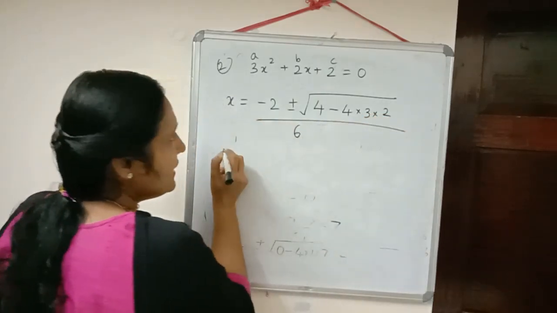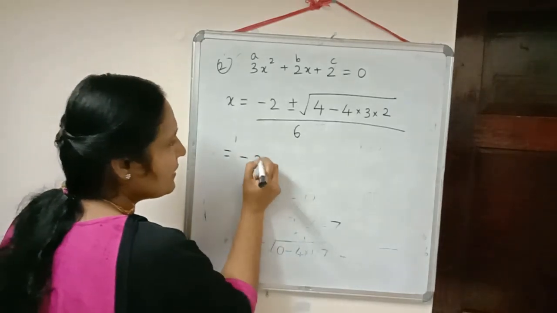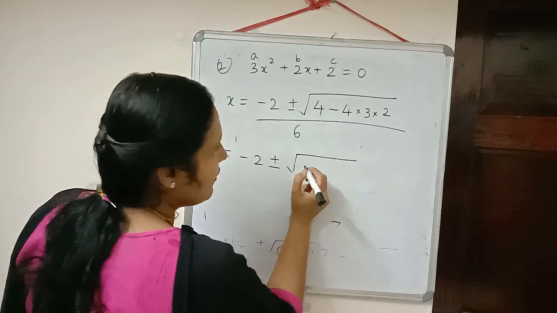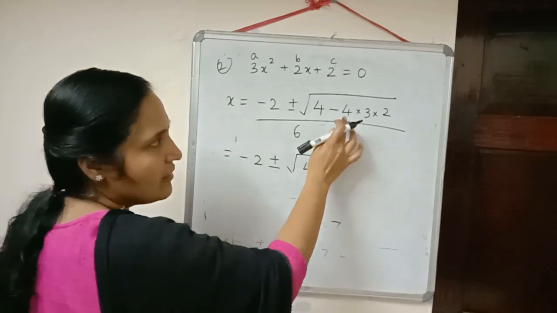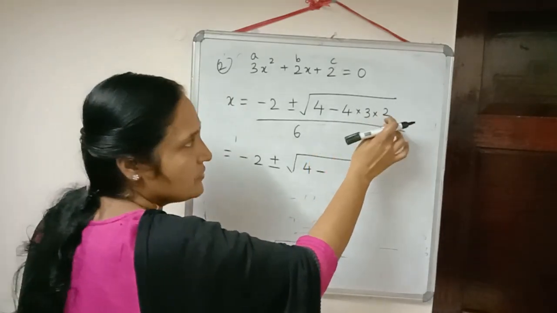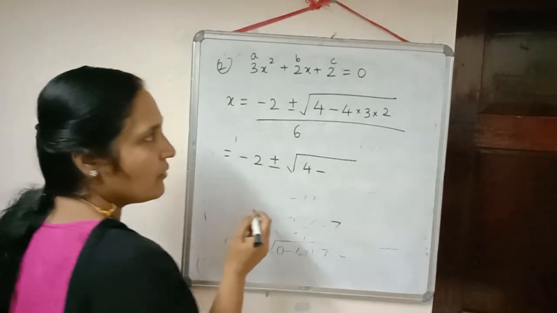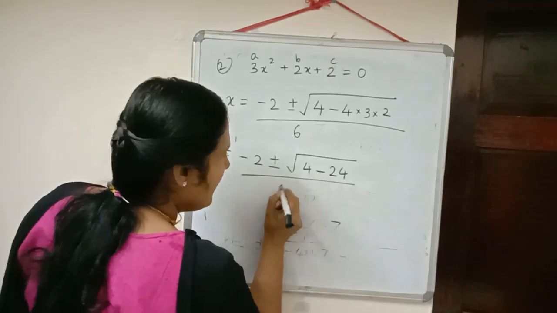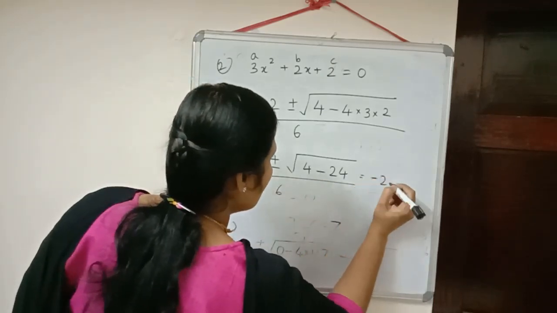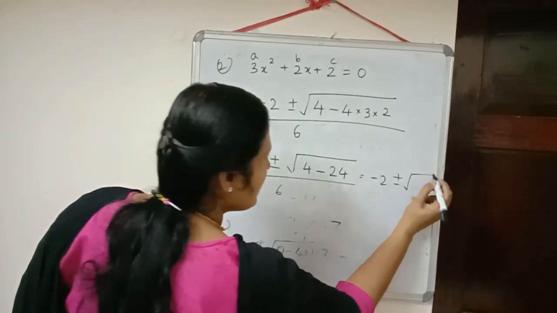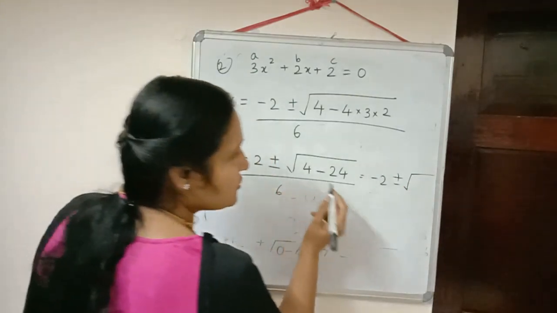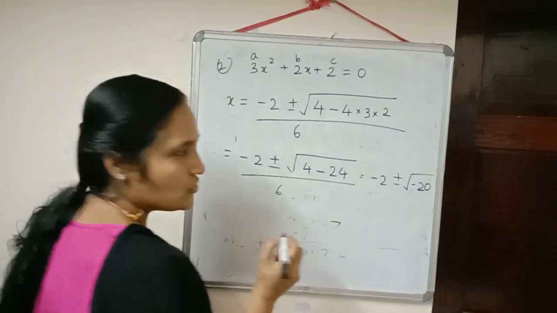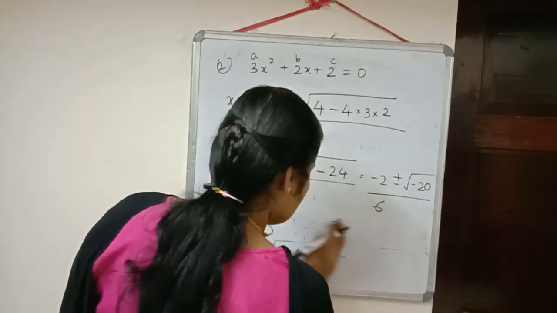So 2 into 3 is 6. So we are getting here minus 2 plus or minus square root of 4 minus 4 3s are 12, 12 2s are 24. Correct? So we are getting 4 minus 24 by 6, which is equal to minus 2 plus or minus square root of 4 minus 24, that is minus 20, by 6.